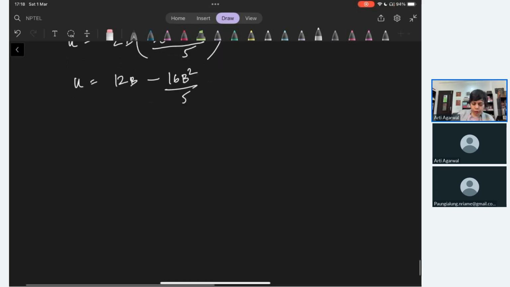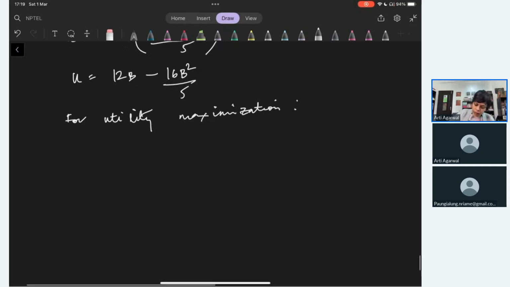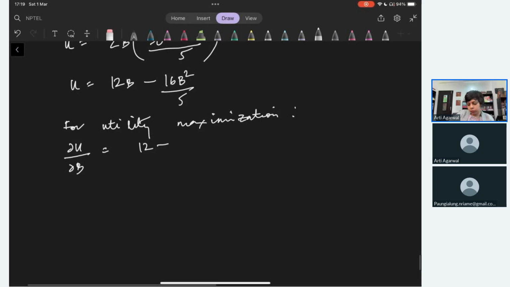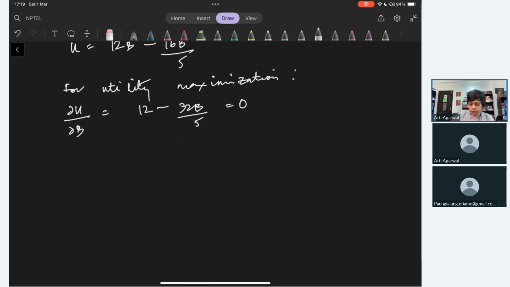Now we do the utility maximization. We just need to simplify this.